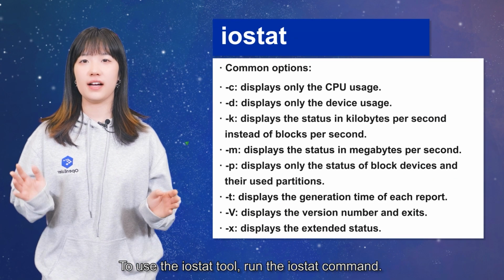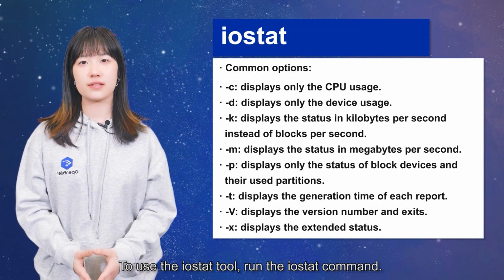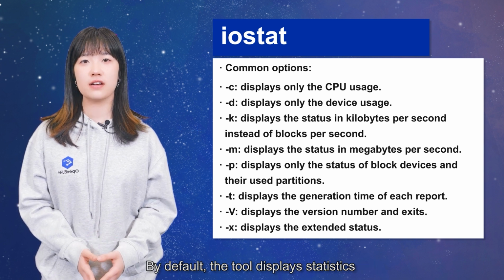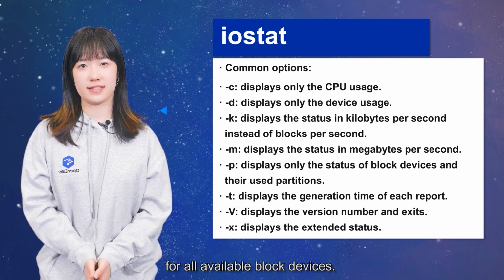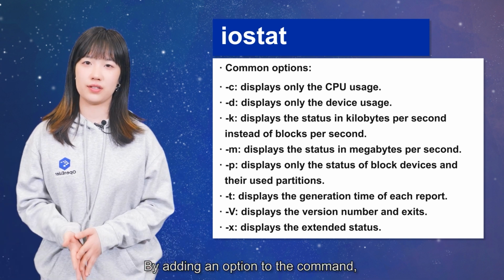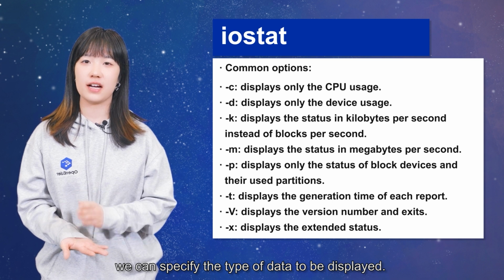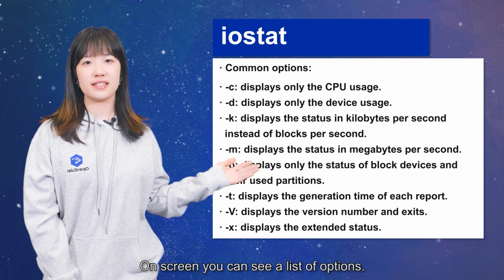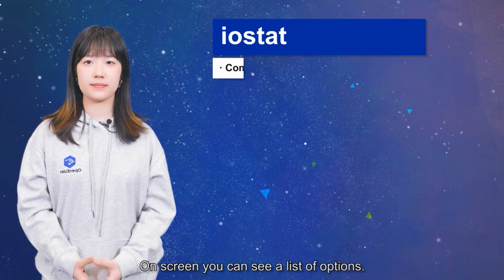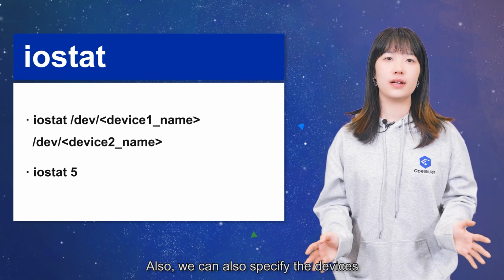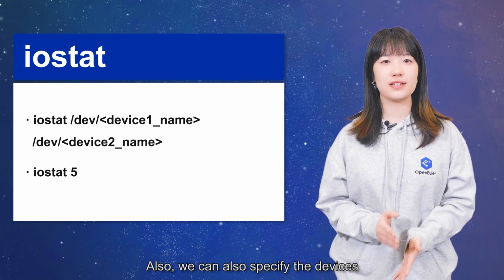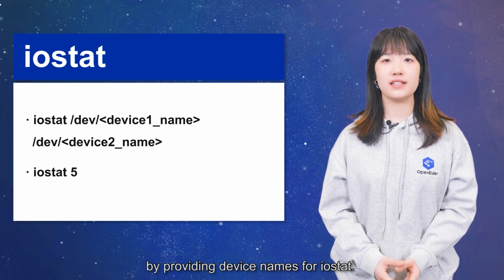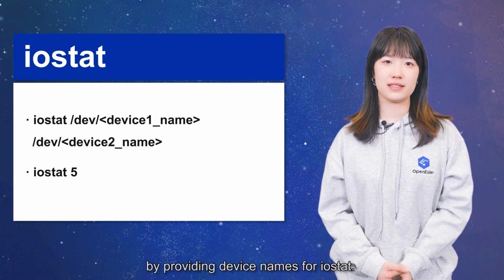To use the IOstat tool, run the IOstat command. By default, the tool displays statistics for all available block devices. By adding an option to the command, we can specify the type of data to be displayed. On screen, you can see a list of options. We can also specify the devices for which we want to display statistics by providing device names to IOstat.